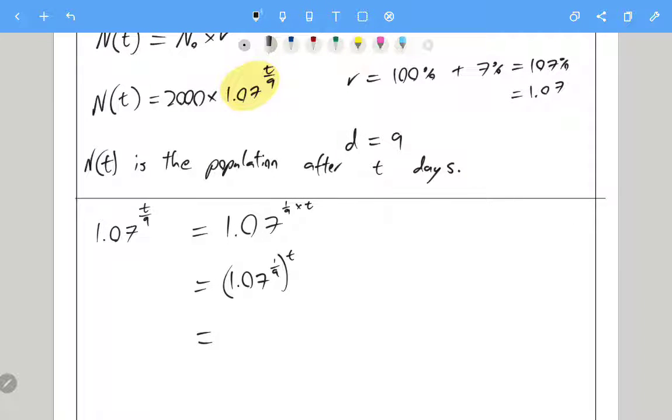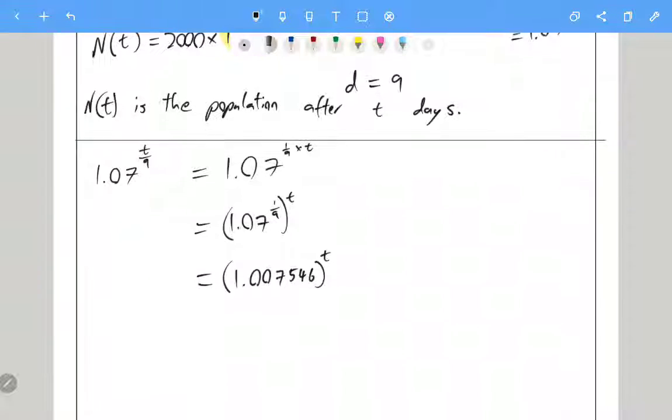And so I can now work out what my growth factor would be by taking 1.07 to the power of a ninth, which in this case is 1.007546, depending on how many decimal places you want. It's going to go on for a little bit. There's no nice ninth root.